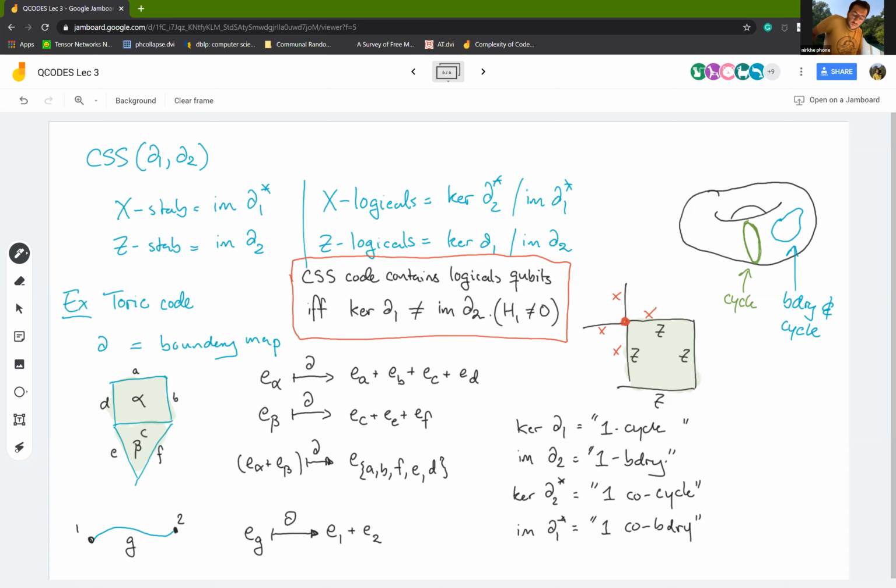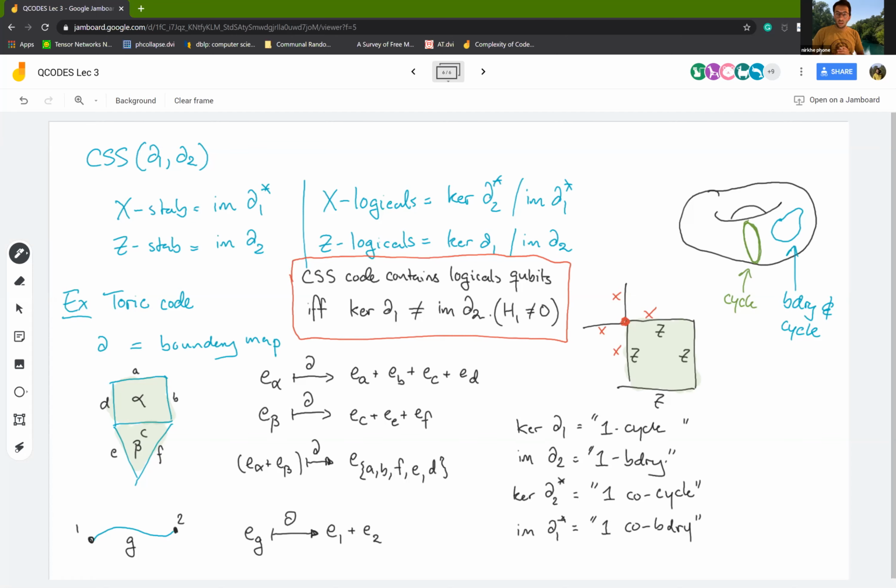So one of the reasons why we needed our simplest example to be a toric code, instead of the same kind of construction of boundary maps on a sphere, is that on a sphere the kernel of delta 1 equals the image of delta 2. On a sphere, every cycle is a boundary.